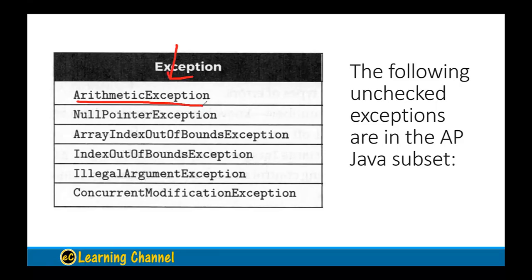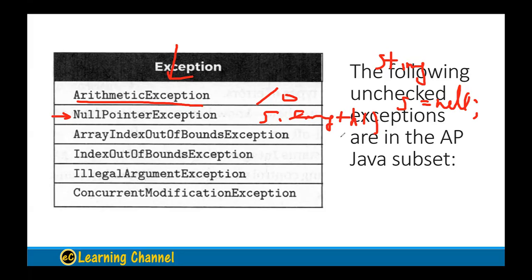Arithmetic exception is when you divide by 0. Null pointer exception is when you have s.length but s is null. Say String s equals null, then you do s.length, and that creates a null pointer exception.